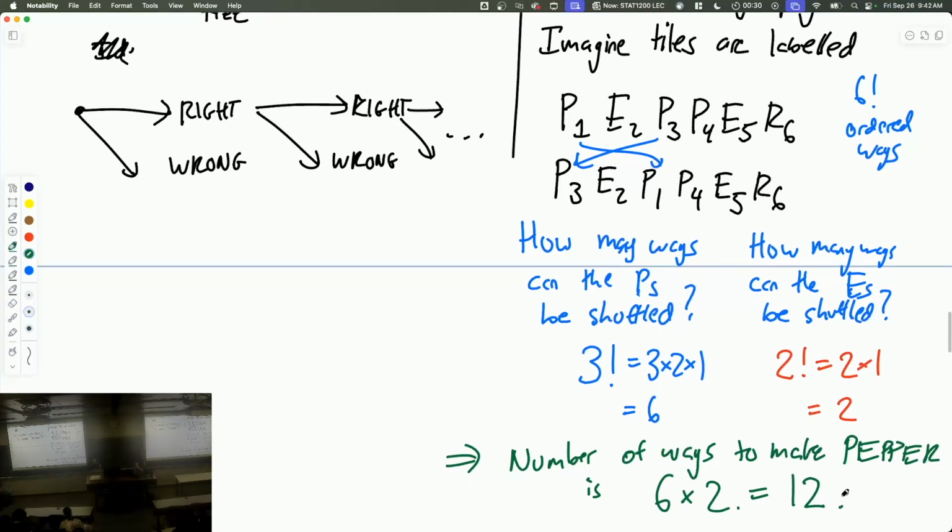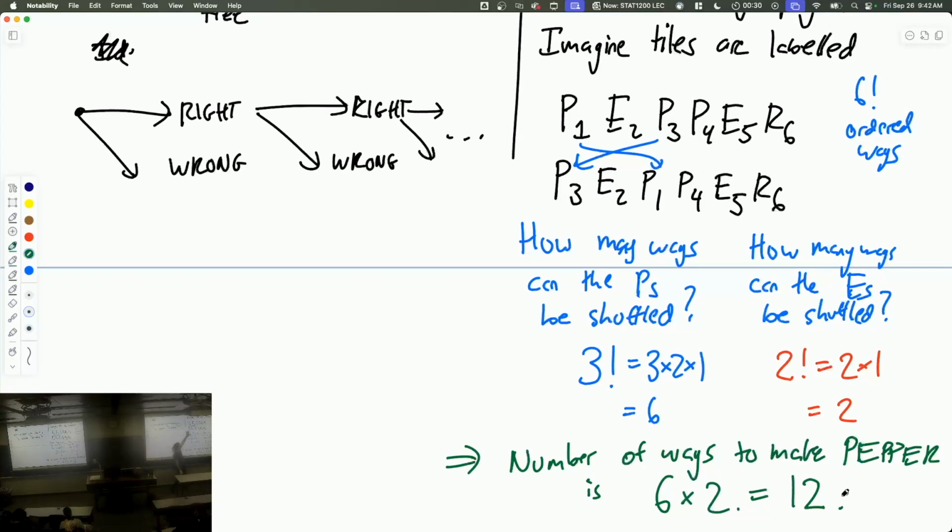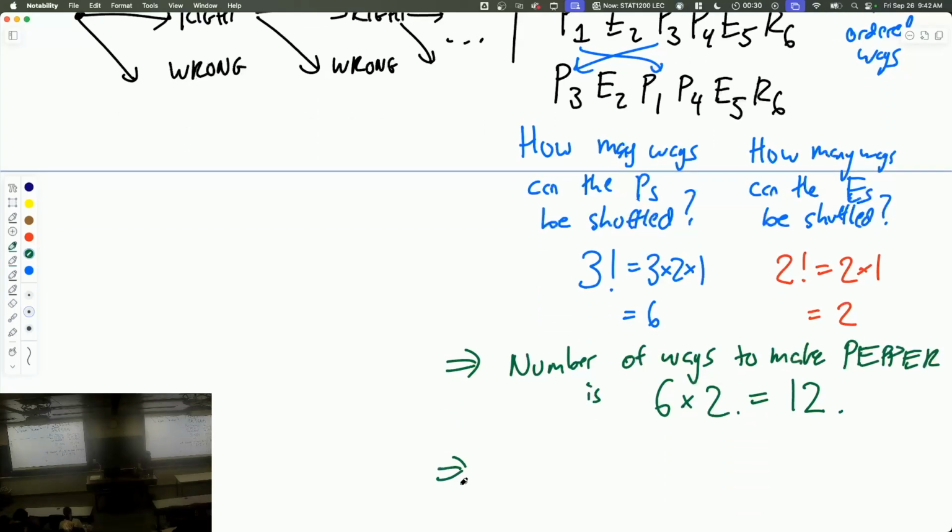So if you think of the tiles as being numbered and coming in where order matters, there's 12 different orderings of these numbered tiles that all spell pepper. And so the answer is 12 over 6 factorial. Therefore, the probability of pepper equals 12 over 6 factorial.